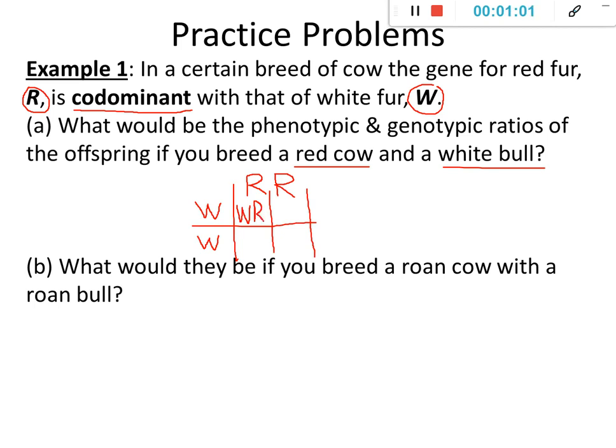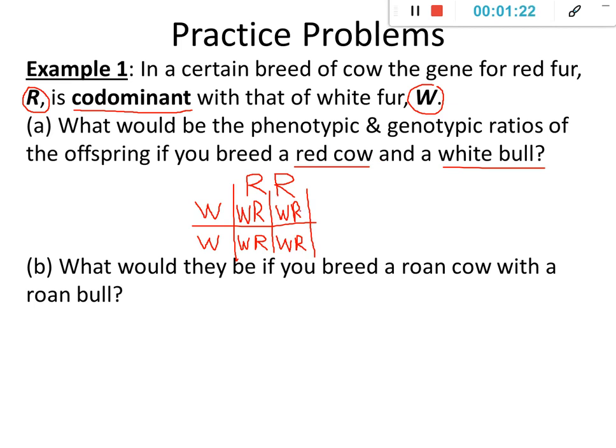WR, and WR for this one as well, if they inherit the red coloring from their mother and the white coloring from their father. Same thing here. So the question is, what would the phenotypes be?